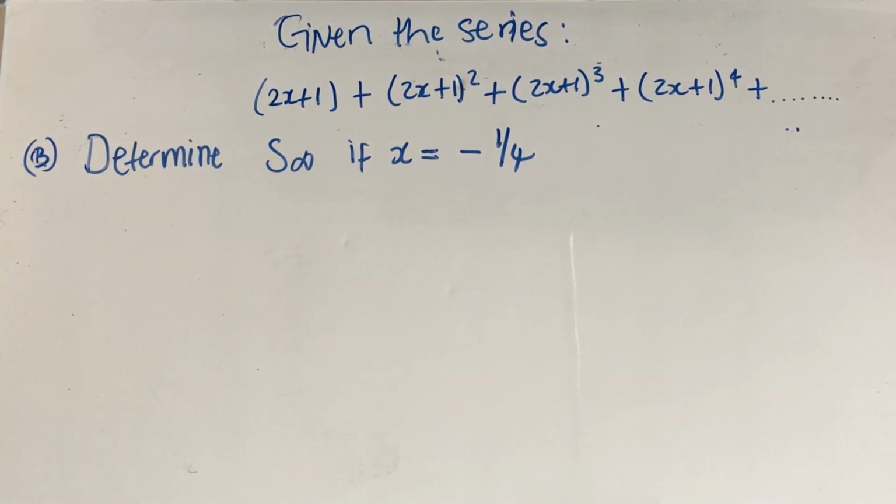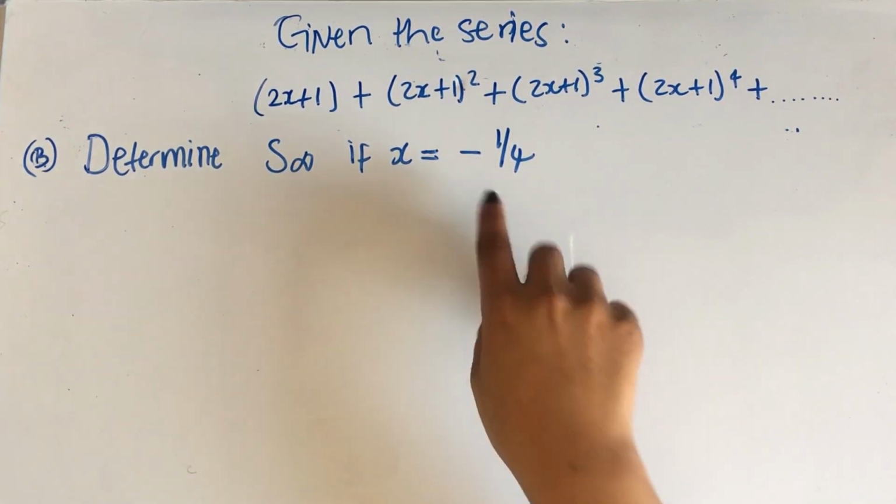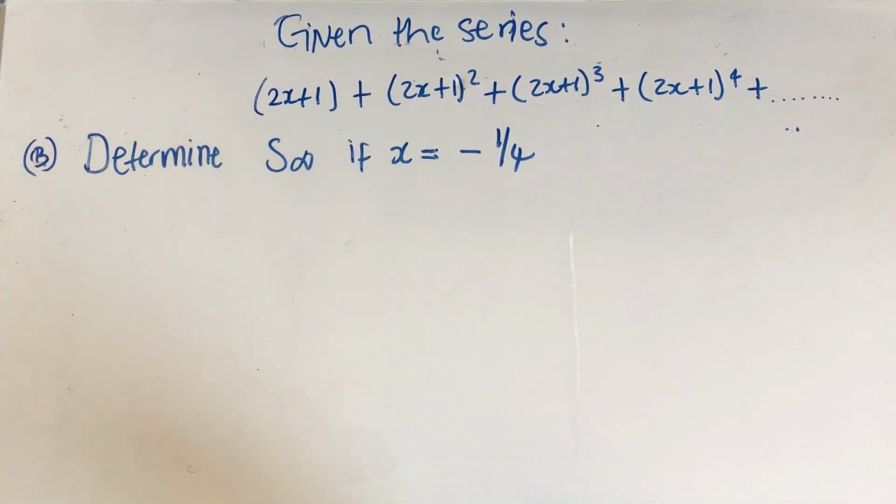Question B says, determine the sum to infinity if x is equal to negative 1 over 4. Now you remember when we did the convergence, negative 1 over 4 is within that range that we had previously stated.